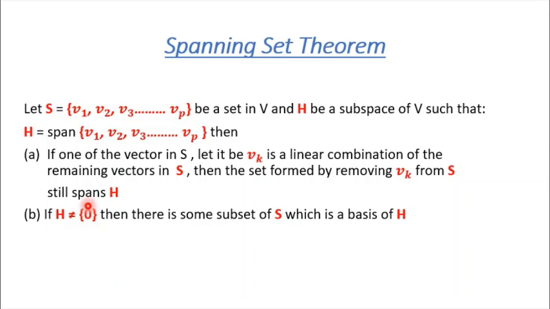So if H is not equal to the set containing 0, that means it has some non-zero vectors, then there is some subset of S which is a basis of H. That means if you take a non-zero subspace and you have proved already A, that is it has a spanning set, then there will exist a basis which is a subset of this one. That means from this spanning set you can obtain a basis for H. That is what spanning set theorem states.